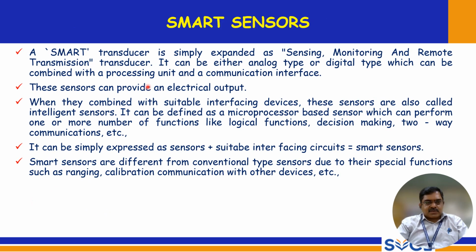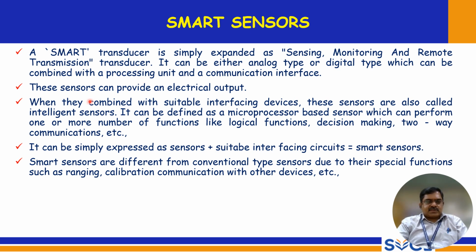A smart transducer is simply expanded as a sensing, monitoring, and remote transmission transducer. So that is a smart transducer or sensor. It can be either analog type or digital type, which can be combined with a processing unit, and this processing unit is nothing but a signal processing unit and a communication interface.